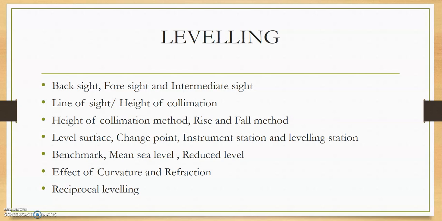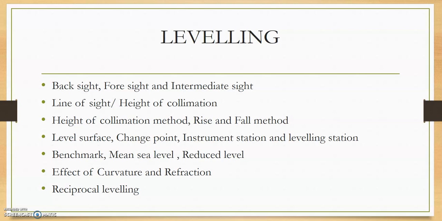There are two methods to find the reduced level of a particular point. One is the height of collimation method, and the second one is the rise and fall method. In the height of collimation method, with respect to the benchmark, the RL of the line of sight should be considered. Then, based on the RL of the line of sight, the RL of the required point can be calculated.